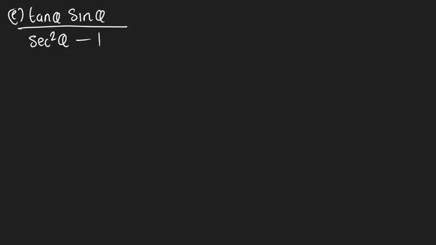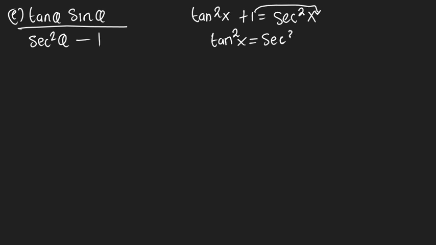Let me show you. Remember that tan squared x plus 1, I gave you this trig identity, and I said this is secant squared x, right? And that implies that if I take this one, this side, then I'm going to remain with tan squared x is equal to secant squared x minus 1, right?